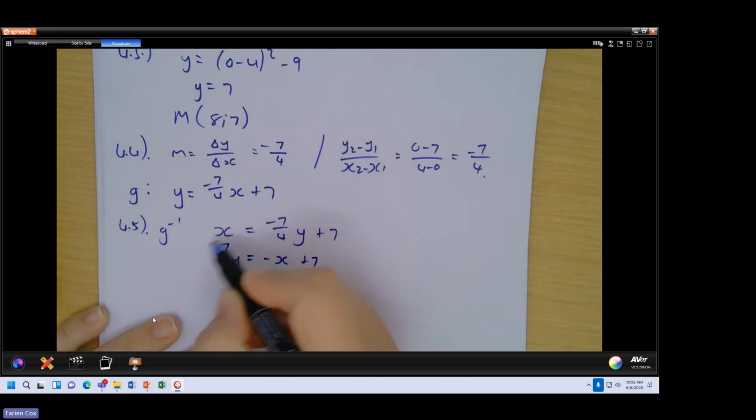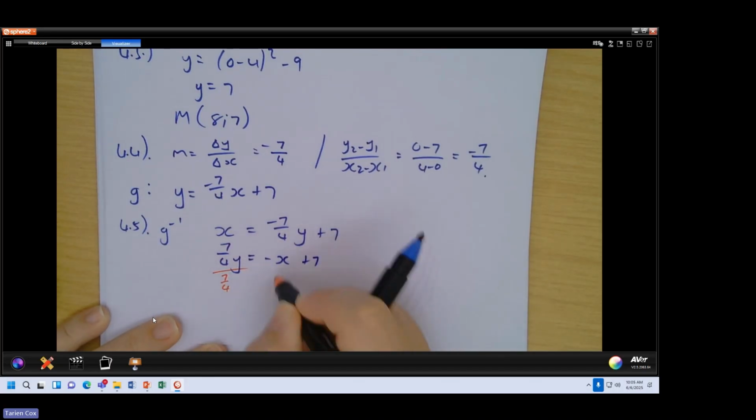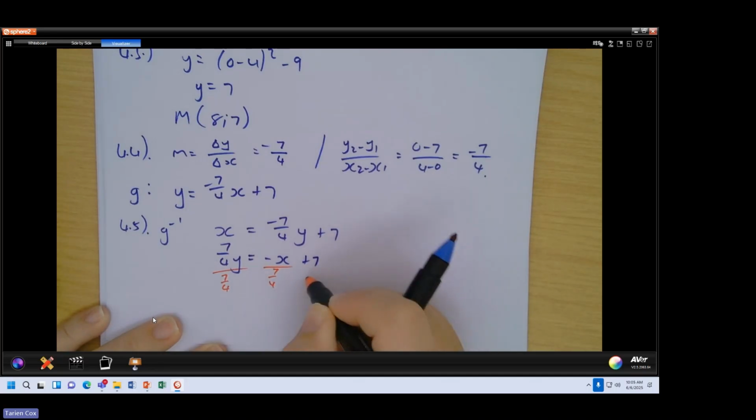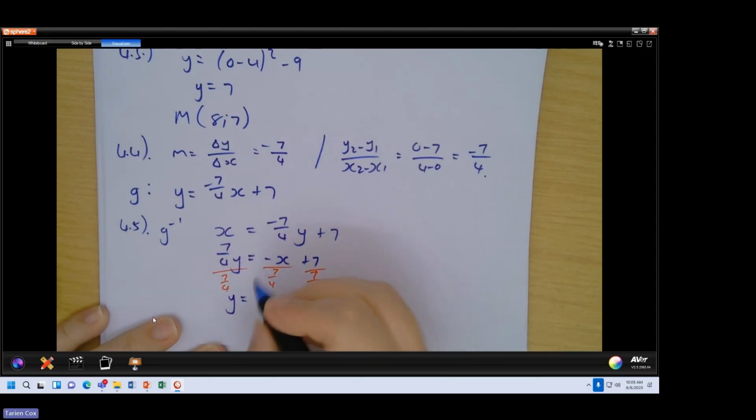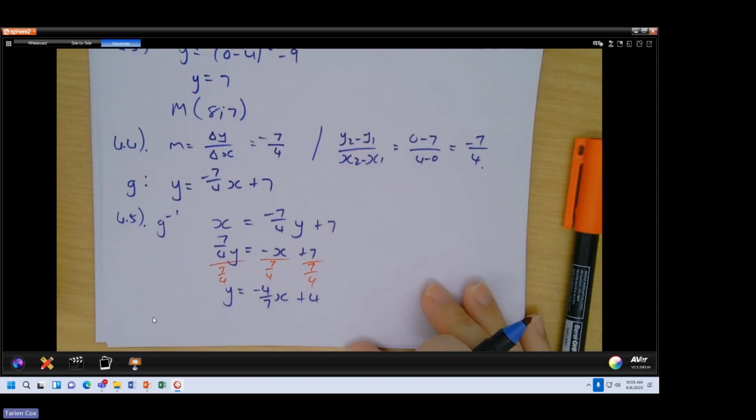Then I need to get rid of the 7/4, which means I divide by 7/4 on each term. That will be my quickest route. So then I will have -4/7 x, and this side will be plus 4. You can use your calculator if you're not so in tune with your fractions.